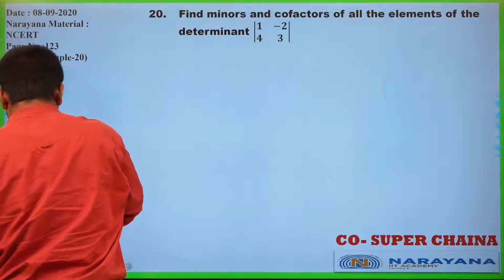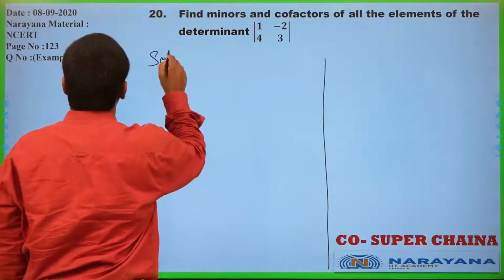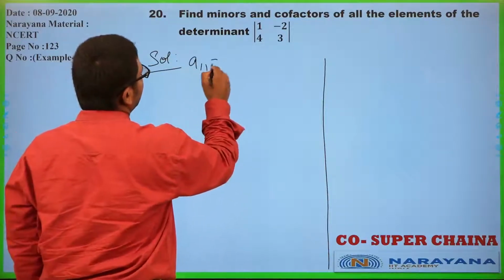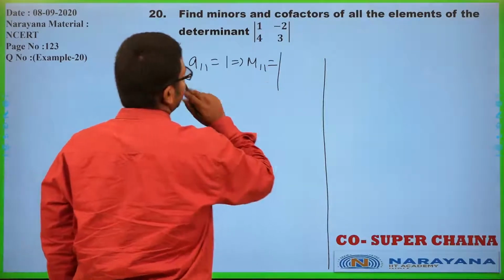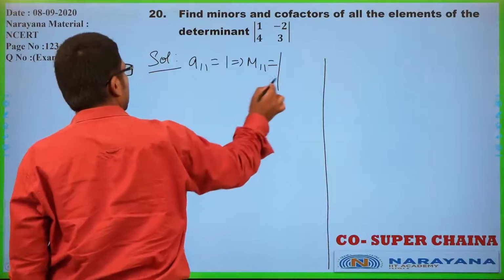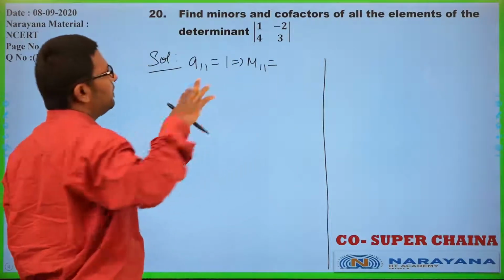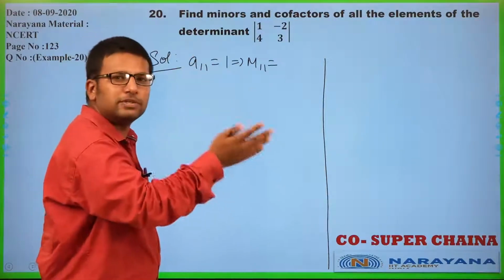Alright, let us just quickly write that again. I seem to have erased everything, not a problem. A11 is 1, therefore M11 is this determinant. Because now you know that we have to leave that row, that column, just look for the opposite element, right?